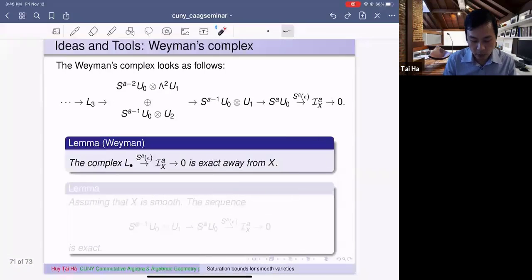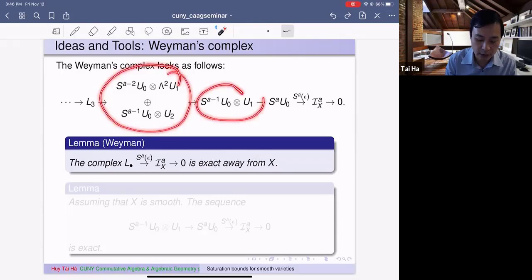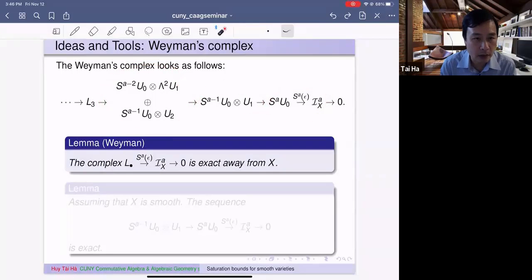But what Weyman was able to prove is that away from X, this sequence is always exact. Because all the terms here come from symmetric and exterior powers, knowing the regularity of each of the U0, U1, U2, etc., we can estimate the regularity of all these terms. So we can control the regularity of each term in this sequence.